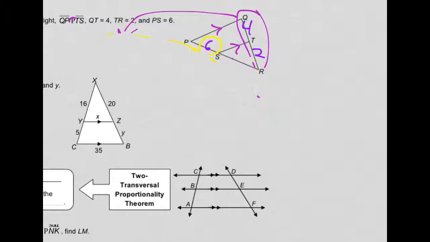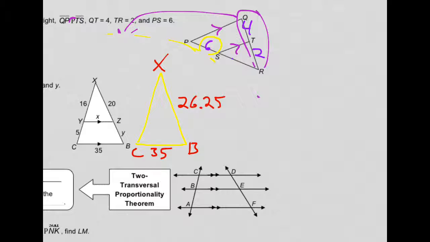So I'm going to draw my big triangle over here. X, C, B. This side is 35. This side, we said y was 26.25, so this side is 26.25.